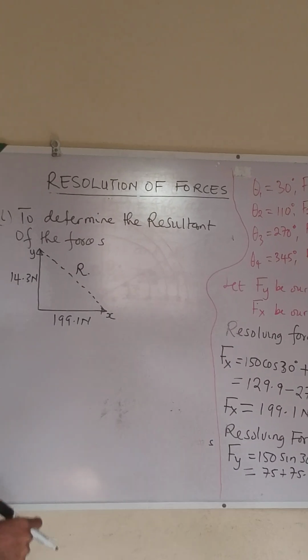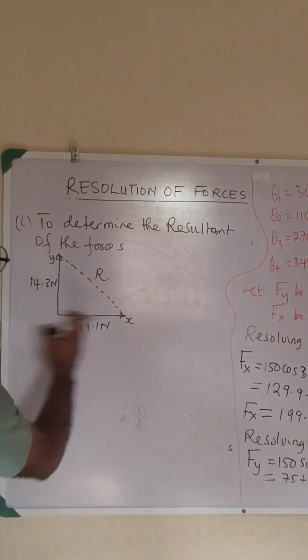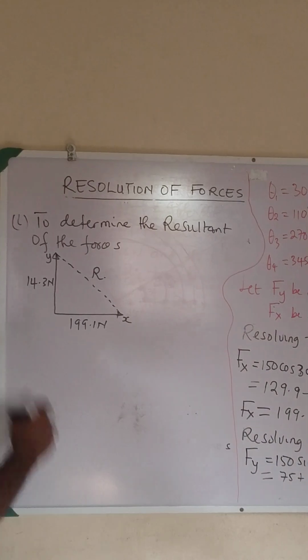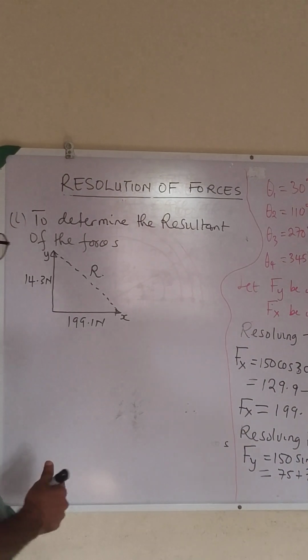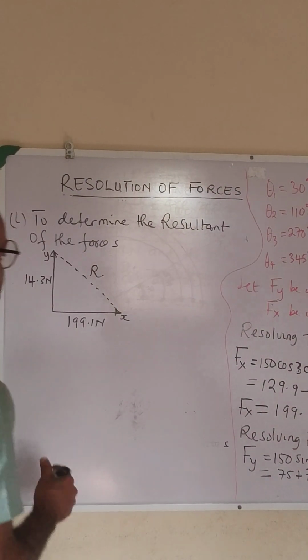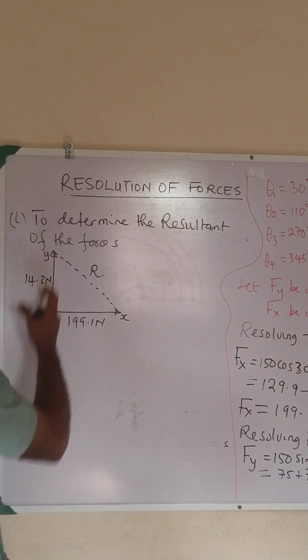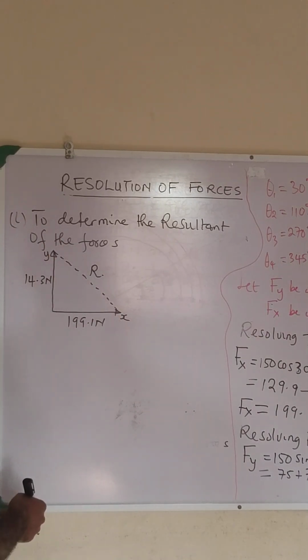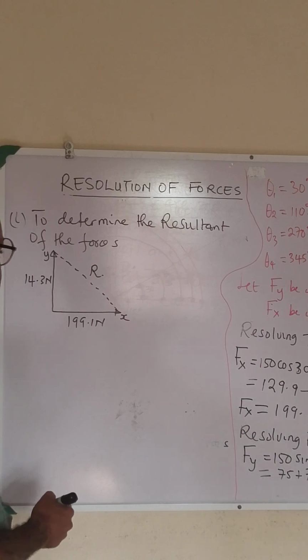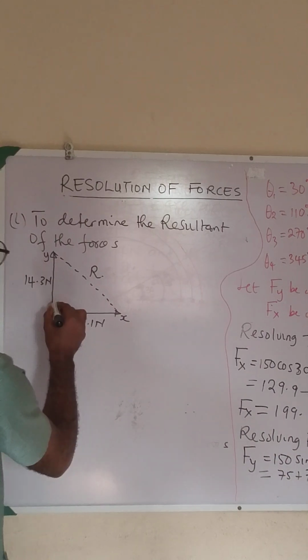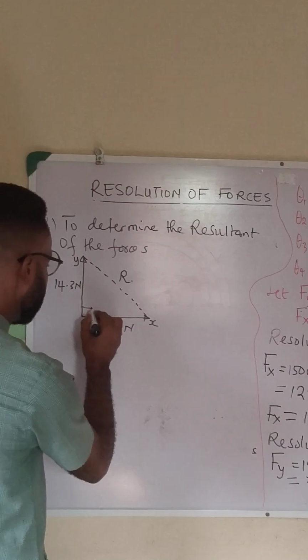To determine the resultant, since these forces are acting at right angle at this point, we apply Pythagoras' theorem. I've done it in the other video, so you can watch the video where I find the resultant of two forces acting at right angle to each other.